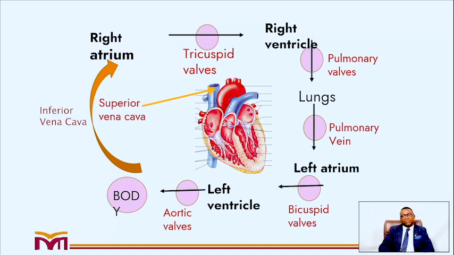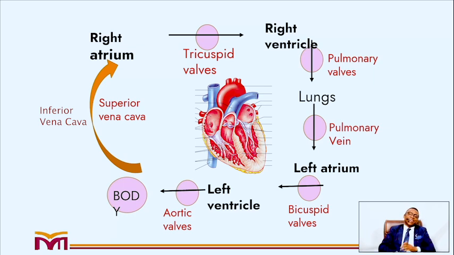The pulmonary valve opens and blood gets to the pulmonary artery and is taken to the lungs. Blood from the lungs is carried by the pulmonary vein to the left atrium, and then the bicuspid valve opens. Blood from the left atrium is emptied into the left ventricle. The aortic valve opens and blood returns to the body.